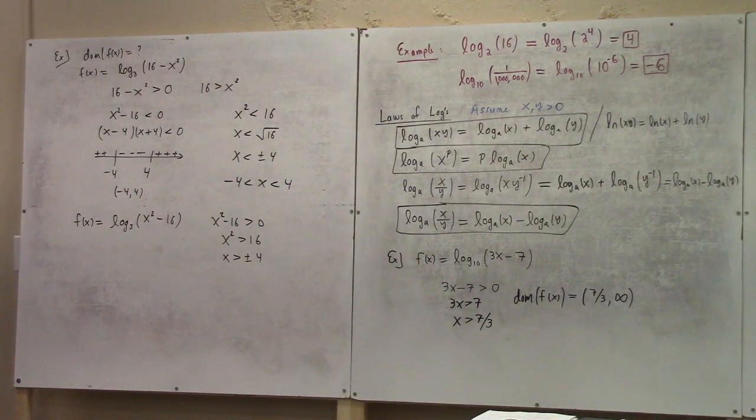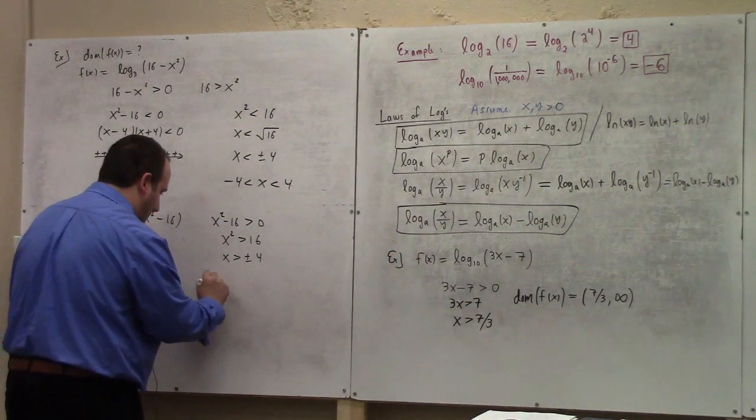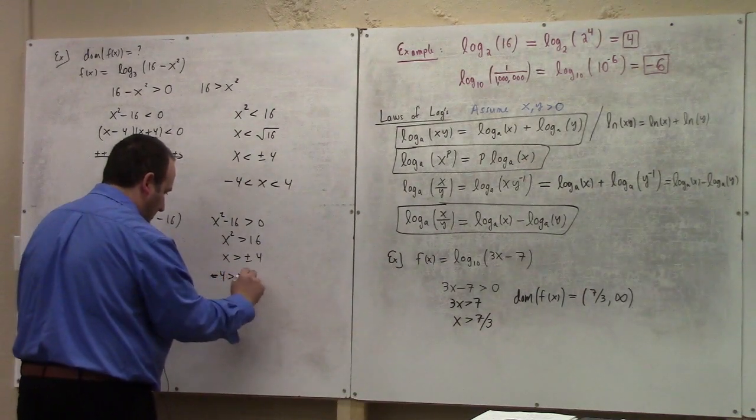But I don't understand the difference. What does this mean? 4 is greater than x. No, opposite. Negative 4 is greater than x. Plus 4.